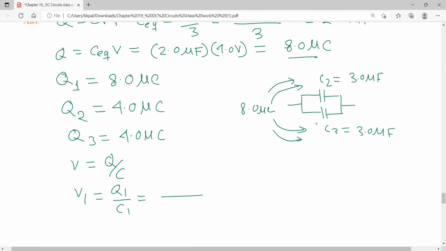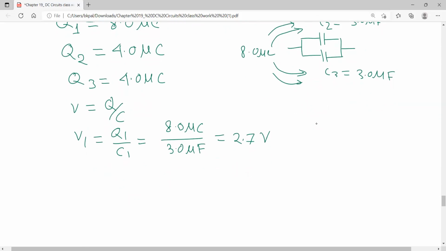Q1 was 8 microcoulomb, right? C1 was 3 microfarad, so this gives us 2.7 volt. Similarly V2 is Q2 over C2.